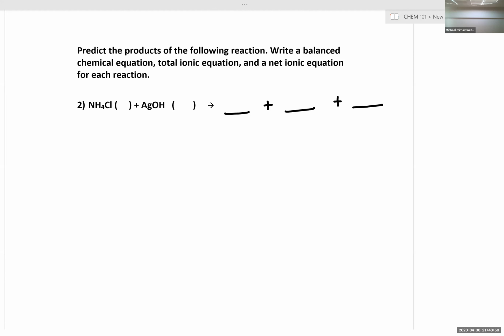Really focus, for this type of reaction, on identifying your acid and your base.